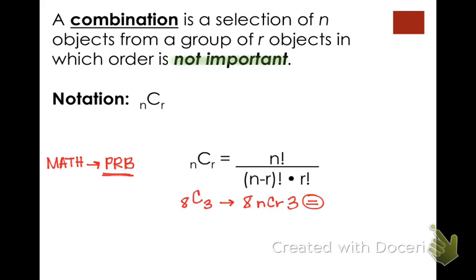Now, where is this number coming from? This is the formula. You take n, which is how many items you have total, so we're going to do n factorial divided by n minus r factorial, that's how many you have minus how many you're choosing, times r factorial, the number that you're choosing.